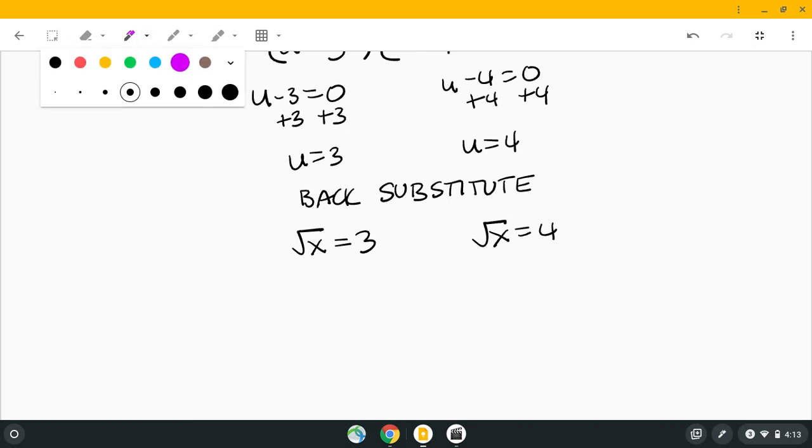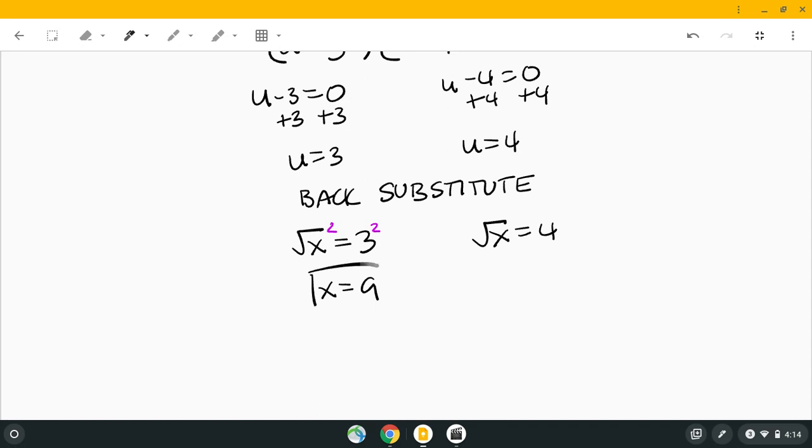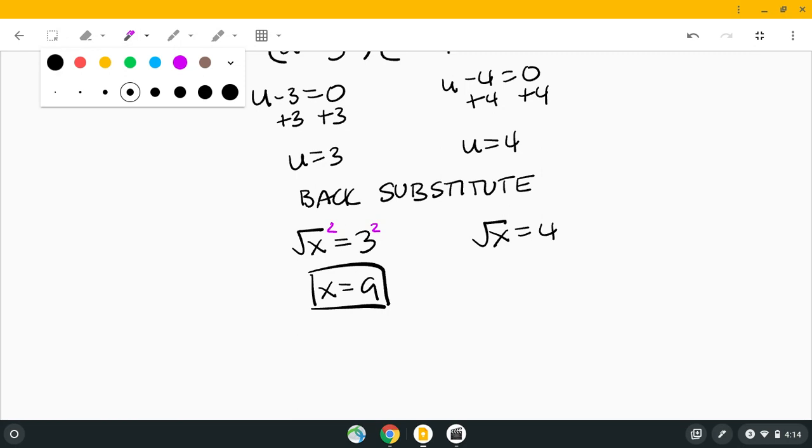And so we get x equals 9. And then here I'm going to square both sides, and I get x equals 16.